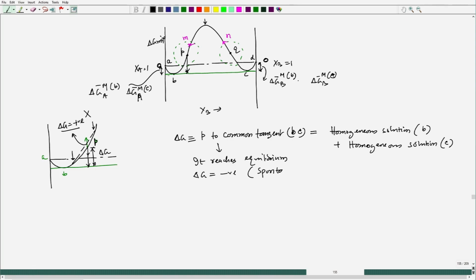So, spontaneously that composition will break into two solutions, B and C.